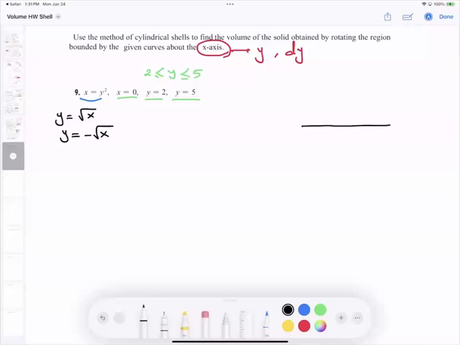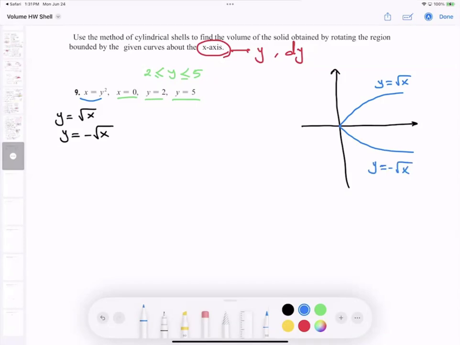My y is equal to square root of x, and down here I have y equals negative square root of x, or basically x equals y squared, if it's more comfortable writing it that way. Then you have x equal to 0, which is your y-axis.